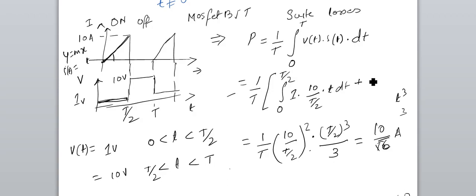Similarly, from t by 2 to t, current is 0 and voltage is 10. 10 into 0, okay, so this will be 0. So you can calculate this and you will get the answer 2.5 watt. So this is how you will be able to calculate the switching losses of a MOSFET or BJT or any switches by using a waveform.